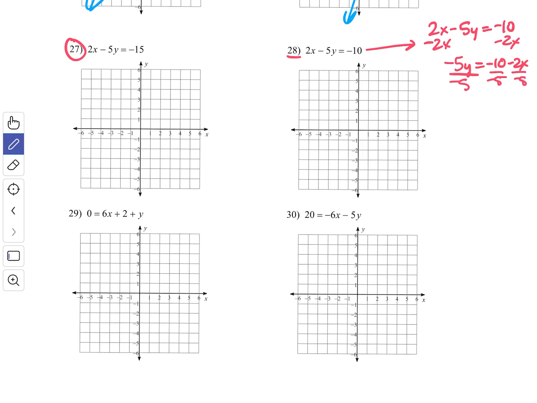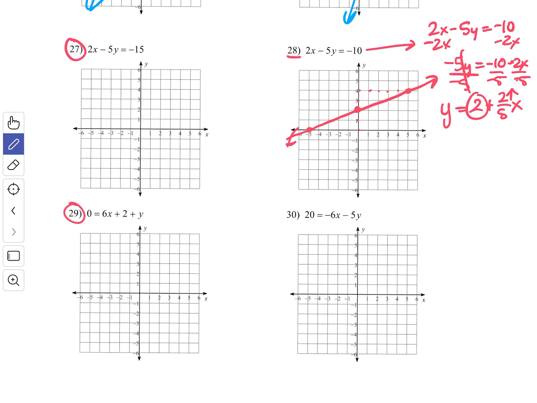Divide by negative 5. That would be 1. I get y equals positive 2 minus, or actually plus, because negative over negative is positive, 2/5 x. So I know I start at 2. I know that I'm going up 2 to the right 5, or down 2 to the left 5. And then I can draw my graph like that.